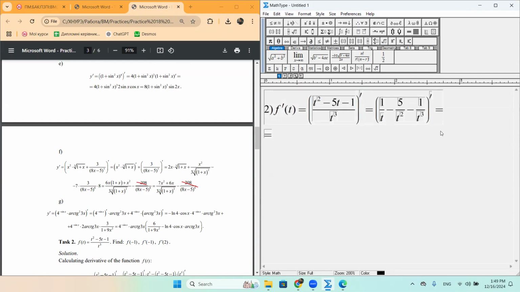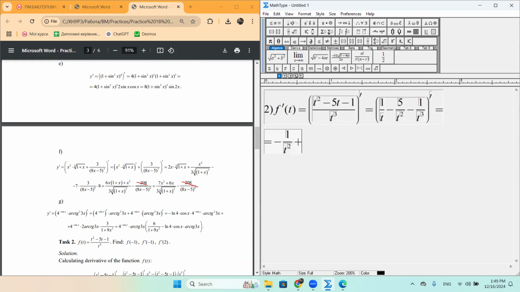And now let's differentiate it. So just a sum of power functions. So the first one will be minus 1 divided by t square. The next. So here power is minus 2.